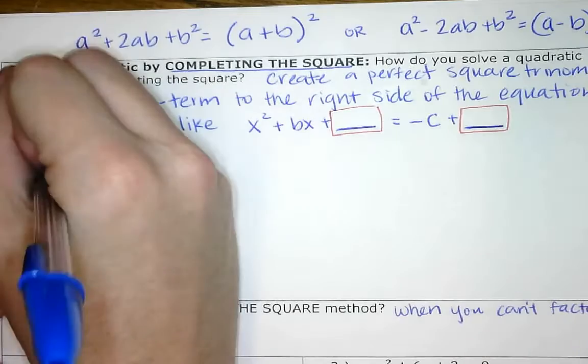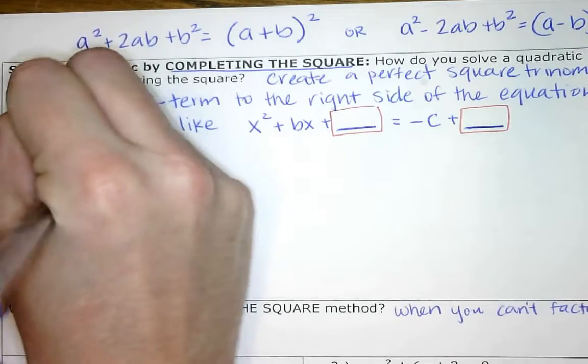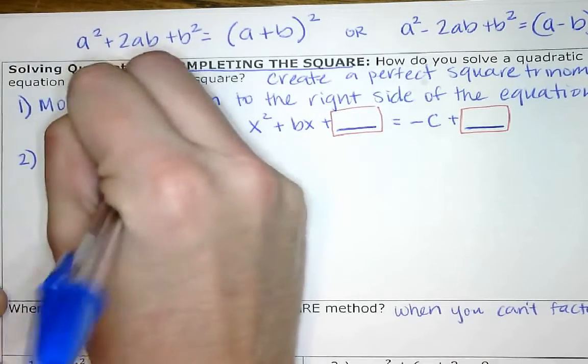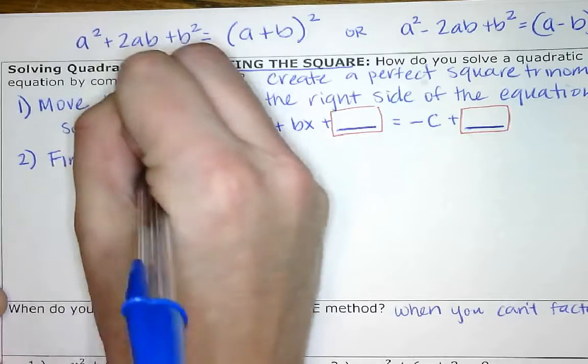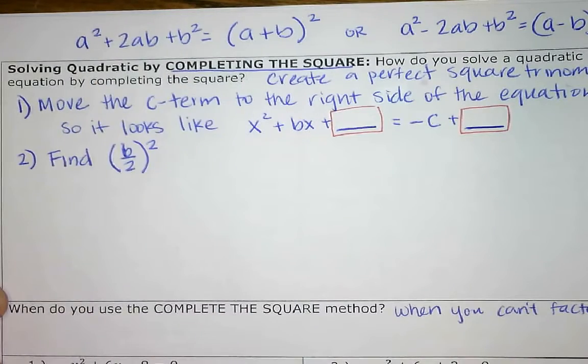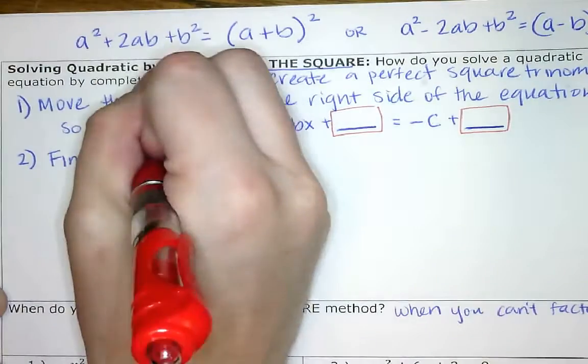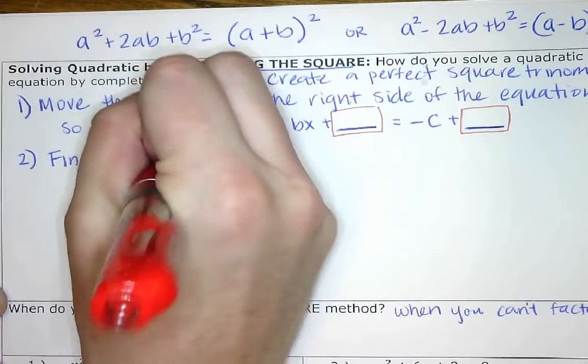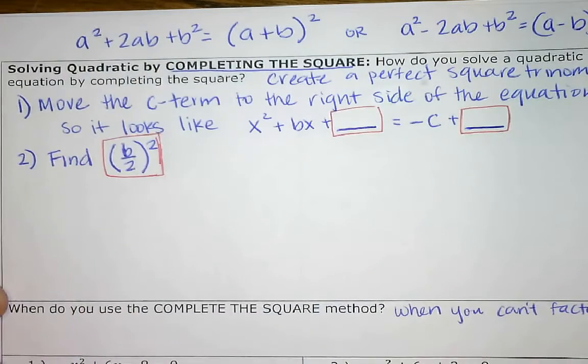So guys, your magic number is b over 2 squared. So this right here is going to be your magic number. You take your b term, you divide it by 2, and then you square it.